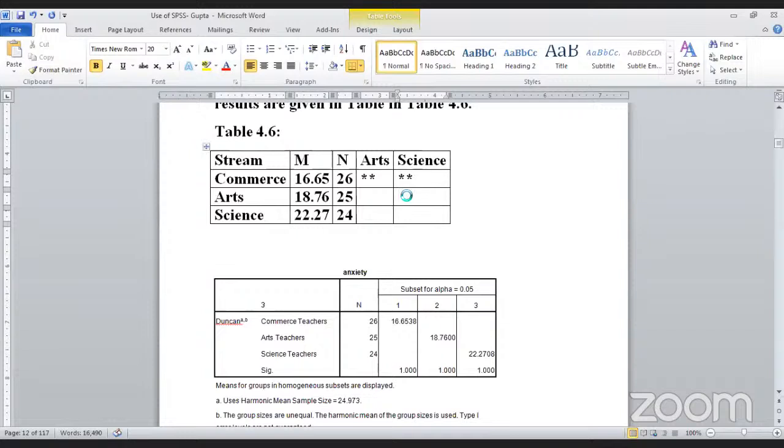So this is what I have written, because all these are different. So the commerce mean score of anxiety is different from the arts and different from the science. The mean score of anxiety of arts is different from the science. Or you can say mean score of anxiety of science is different from arts and the commerce. Any way you can see.